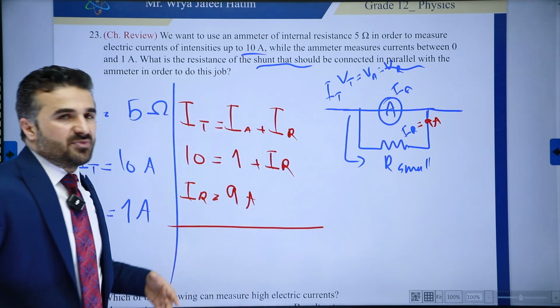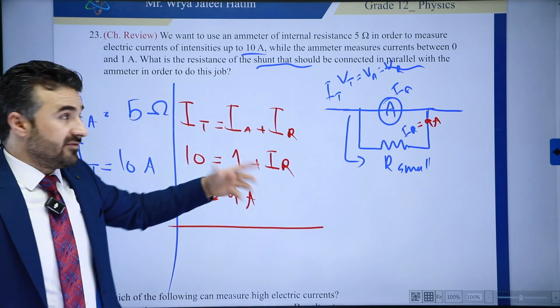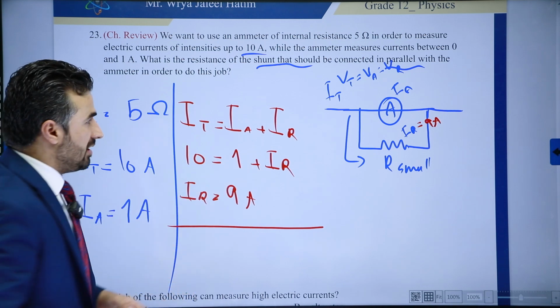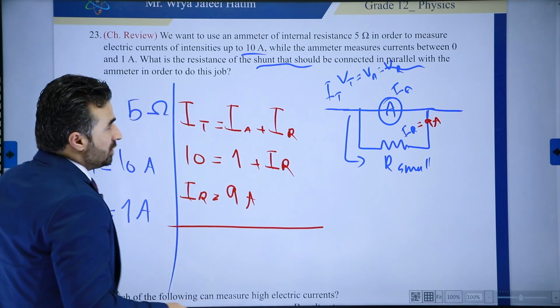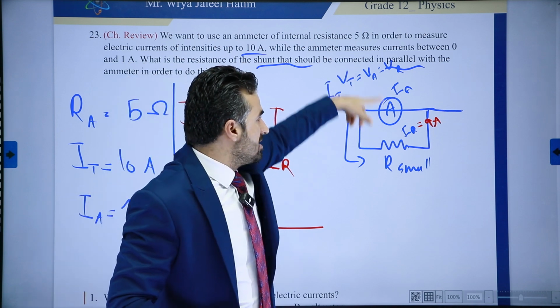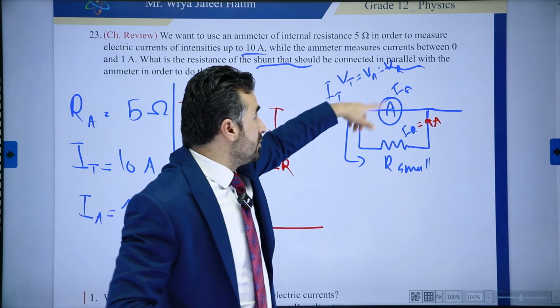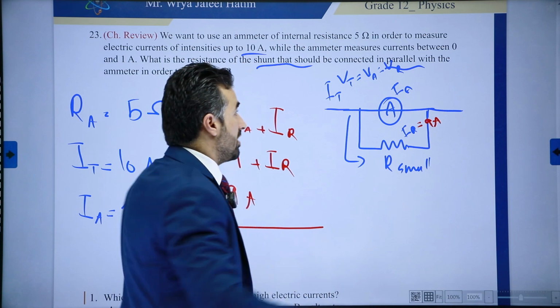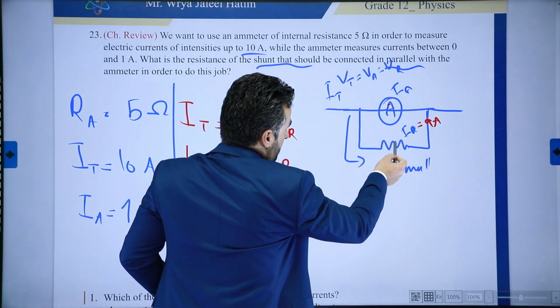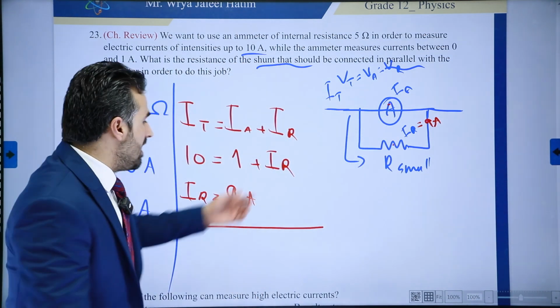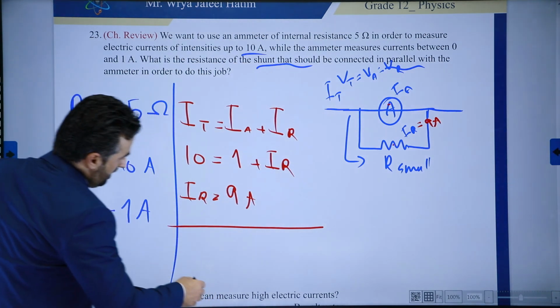So next is finding the resistance of this one, and how we can do that. By using Ohm's law, yeah? We do know that V total is the same as the voltage on the ammeter, which is the same as the voltage on the resistor. So can I say the voltage here is the same as the voltage here? Yes, if I can do that, then I can find the answer to this one here.